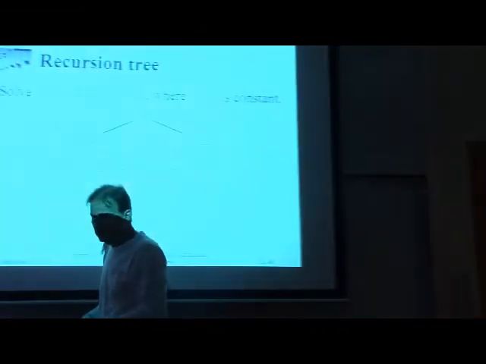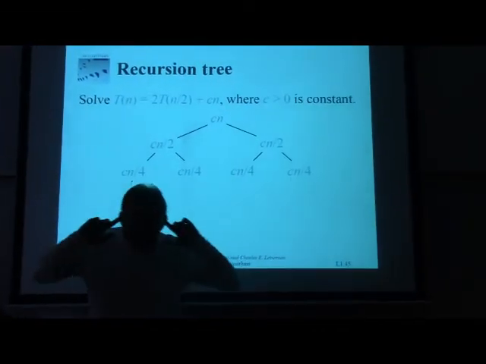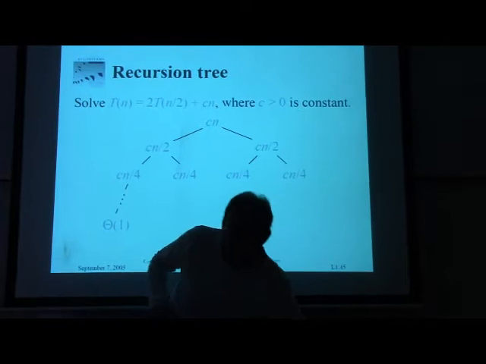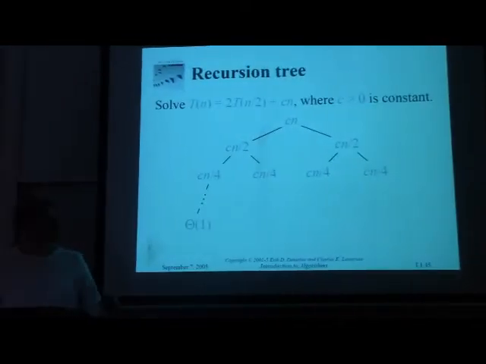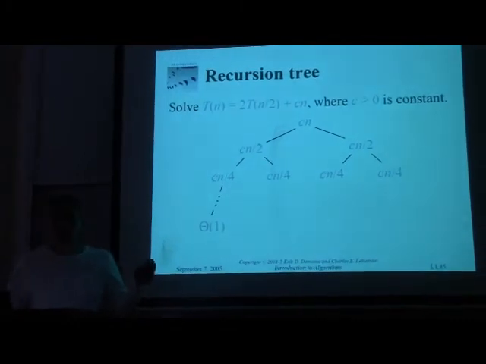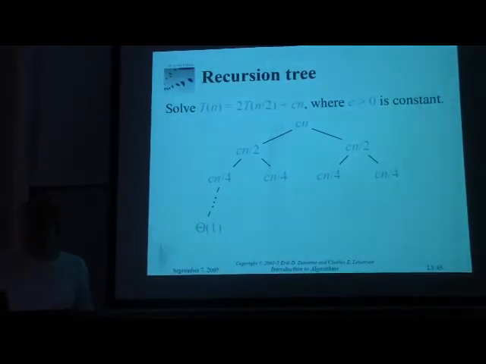Now, what we want to do is, so you understand, what is the total cost of work on level 0? What is the total cost of work at level 0? Guys? This is not a hard question. Cn, right? What is the total work cost at level 1?